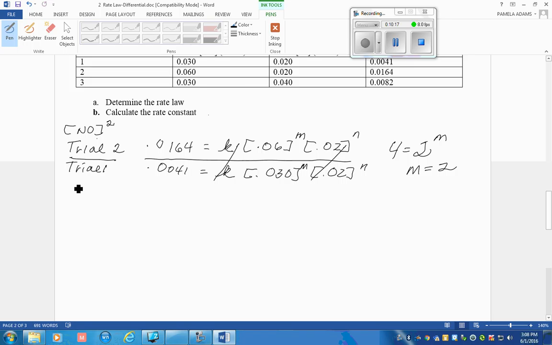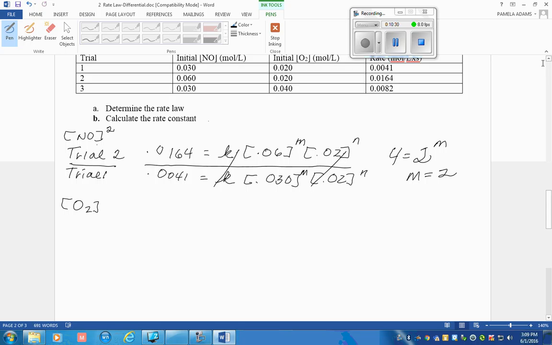Now, in order to find the order of O2, I need to keep the NO constant while the O2 is changing, so I can see what effect that will have. And in this case, I can see that trial 3 versus trial 1 will suit my needs. NO stays the same while O2 changes.